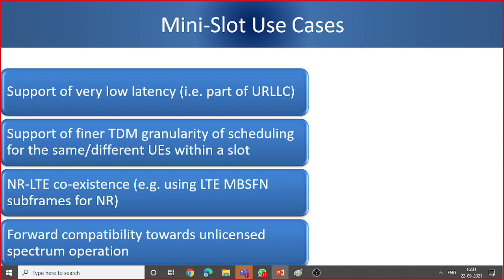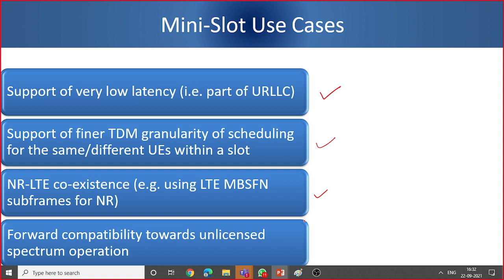So with this, what are the use cases of mini slot? I explained URLLC is one example, and then different UEs can be given and can use this concept. This is also used in what we call dynamic spectrum sharing. When I take that session, I'll explain how this concept of mini slot comes to an advantage when you use dynamic spectrum sharing with 4G.